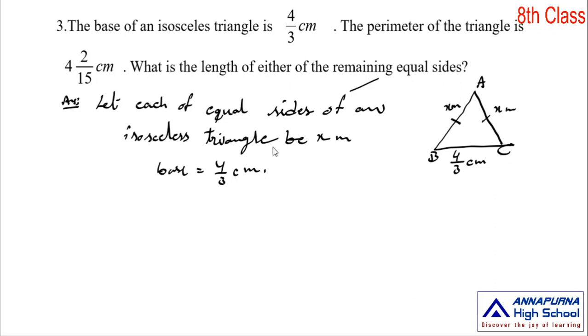That means BC is equal to 4/3 centimeters, and this x is equal to AB. It is also equal to AC, and in the given problem its perimeter is given.